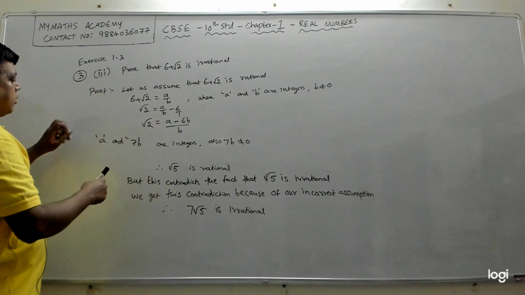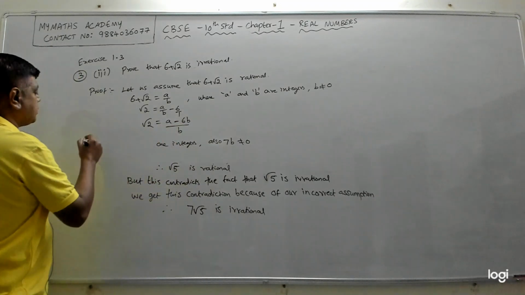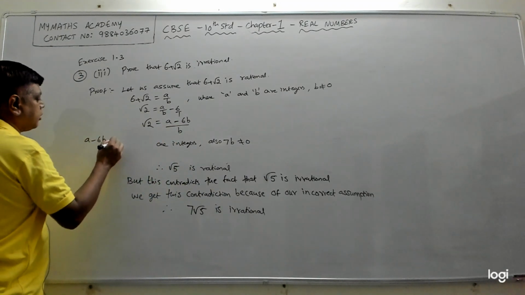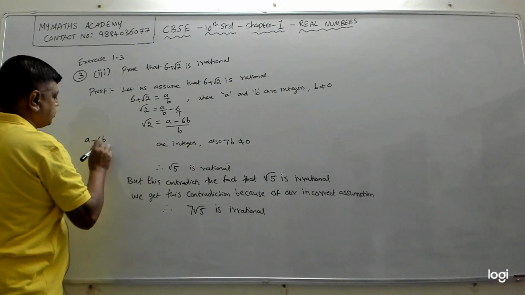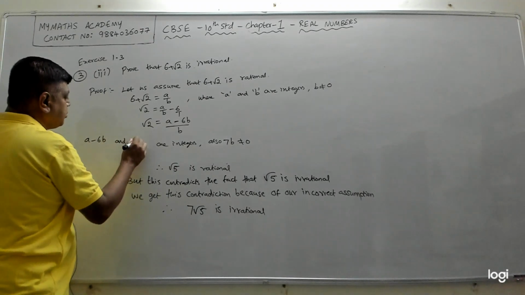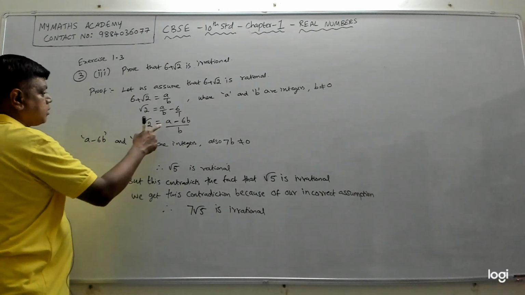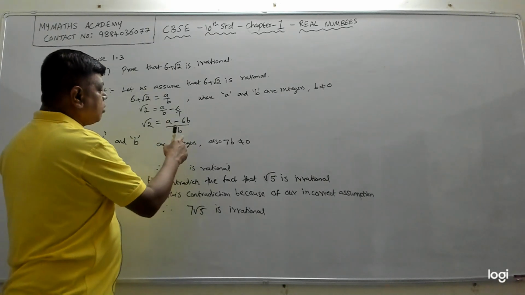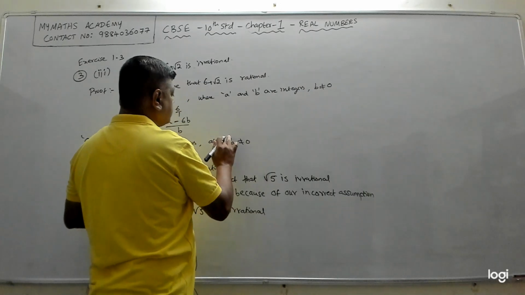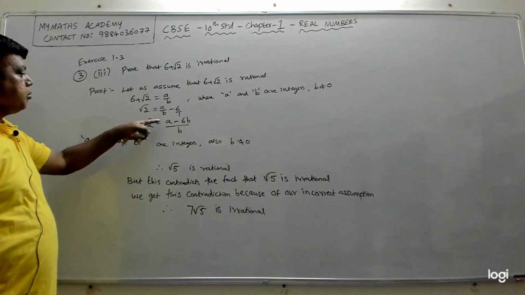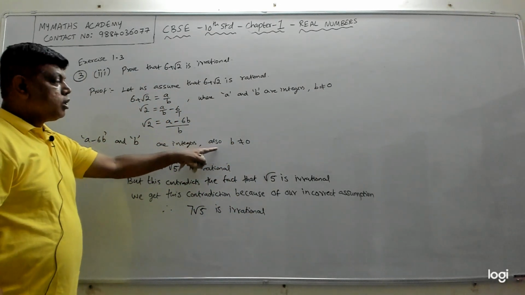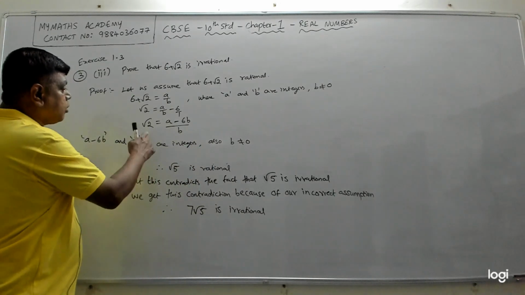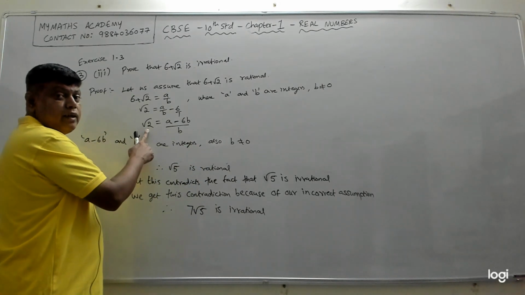Now the numerator is a minus 6b and the denominator is b. A minus 6b and b are integers. Also b is not equal to 0. So numerator is an integer, denominator is an integer, and denominator not equal to 0 means what?